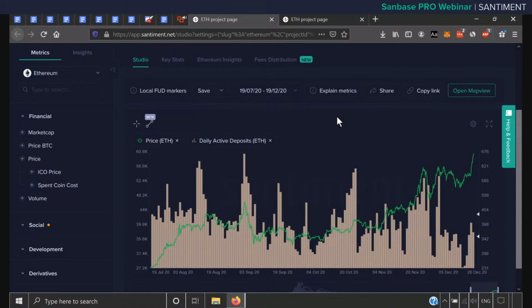So here we're looking at the amount of daily deposits for Ethereum between July and December of 2020, colored in brown, and then in green is the price of Ethereum.